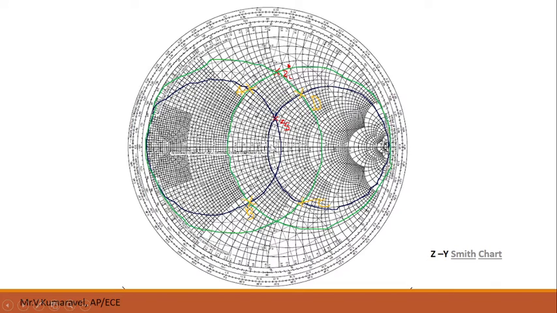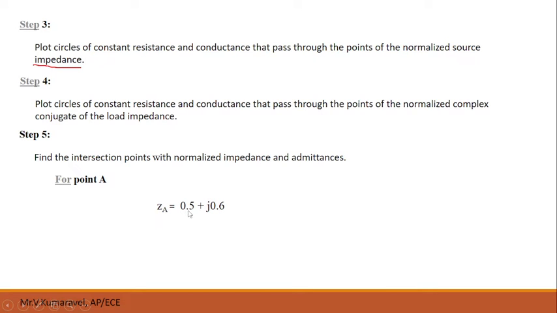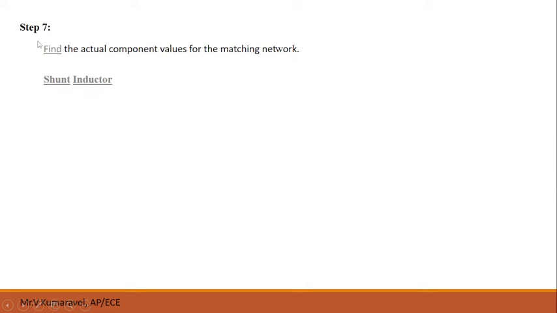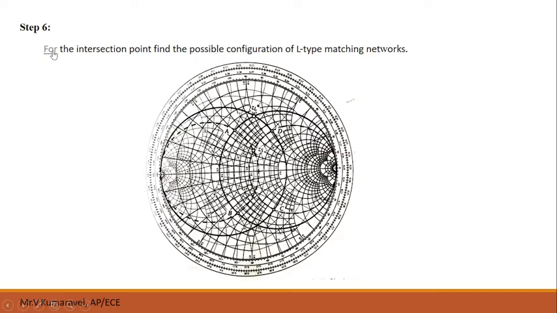Yeah, from the chart I can find the impedance value. It will be 0.5 plus j 0.6. Let me go back, wait.